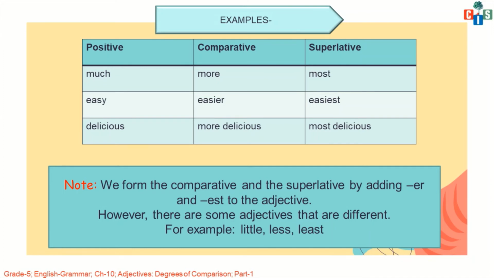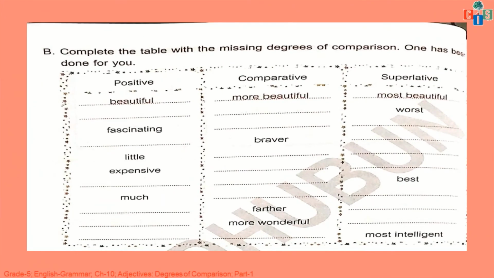Now on the basis of this, we are going to solve exercise B. Yes, here scholars, what is written in question, that complete the table with the missing degrees of comparison. What you have to do, some words are given, whether they are of positive degree or of comparative degree or of superlative degree, and other 2 words are missing, other 2 degrees are missing, and you have to complete by yourself.